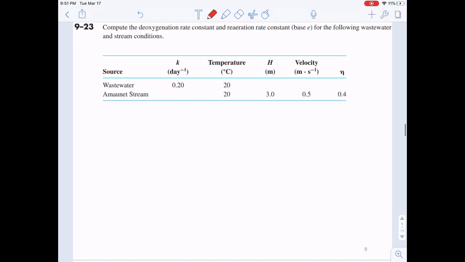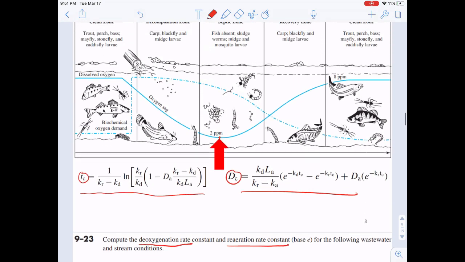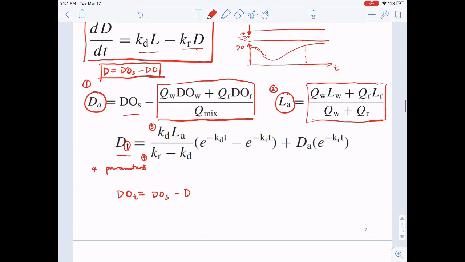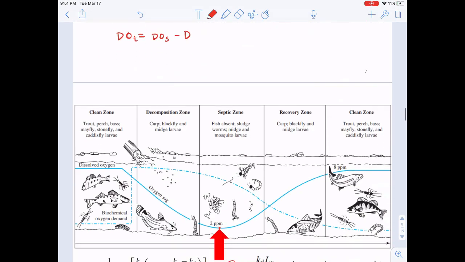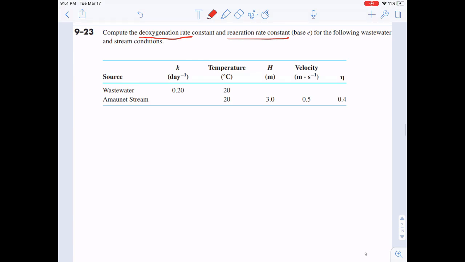Okay, so one thing that I missed in class is how we can calculate the deoxygenation rate constant and also the reaeration rate constant. We introduced that here. We need to find out these parameters, right? Parameter 3 and parameter 4. If you go through the textbook, I'm pretty sure you already went through this calculation.